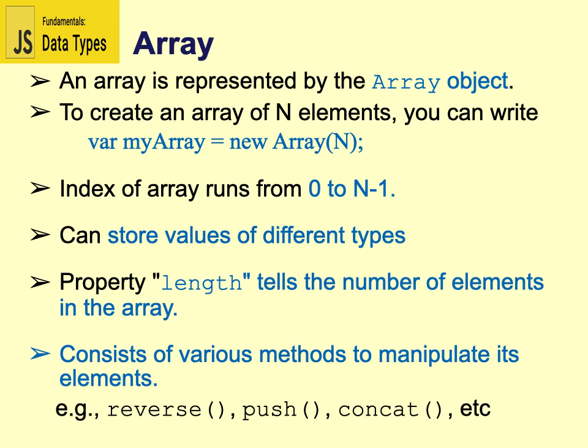The index values of that array will be from 0 to 9, that is 10 minus 1, that is 9. An array can store values of different types. The length property tells the number of elements in the array. Array has various methods to manipulate its elements: reverse, push, concat for concatenation. We will see all these methods in our coming classes.